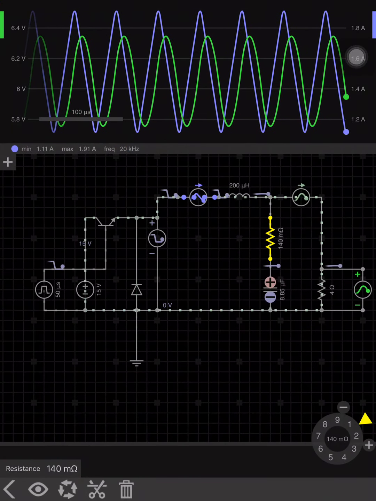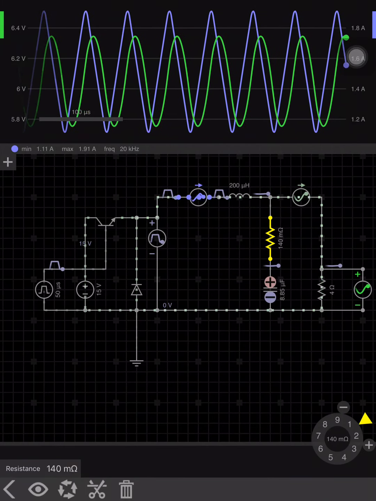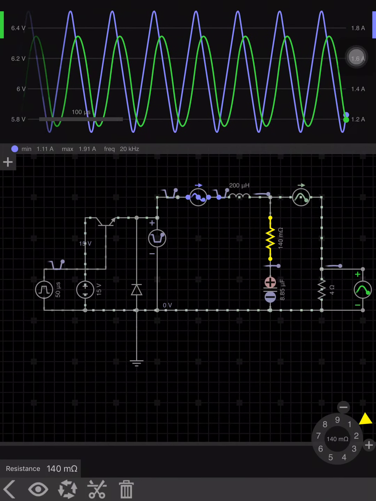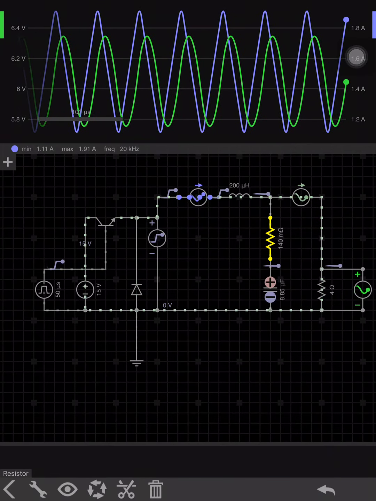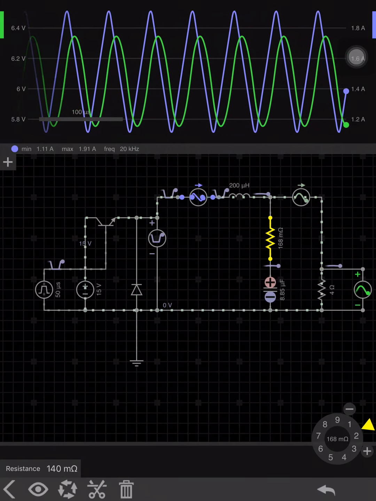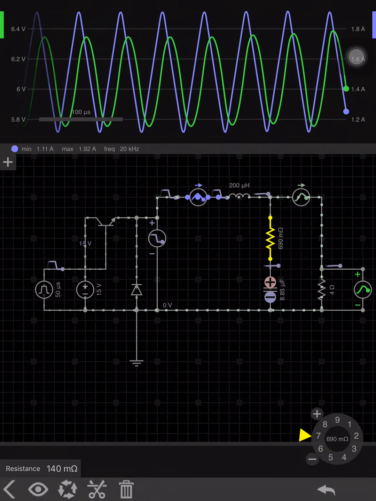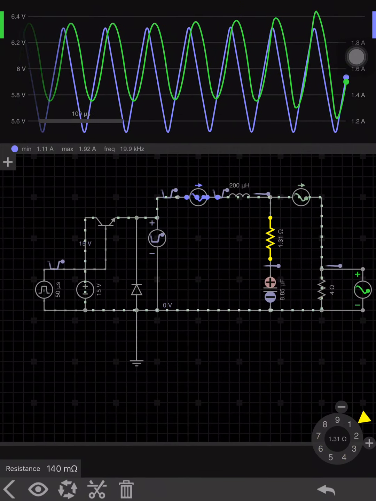In our simulation now I have a capacitance of 8.85 microfarad and a resistance of 140 milliohm. Let me change that to some higher value. You can see the change in shape of the green waveform.